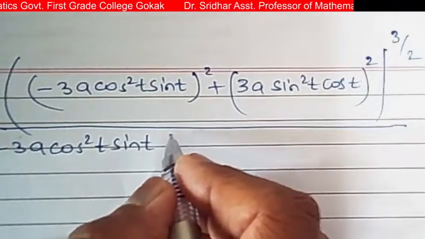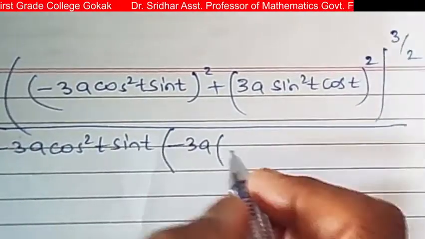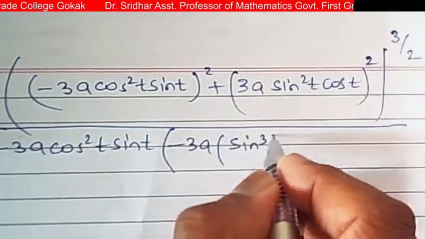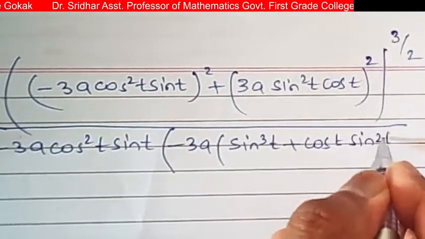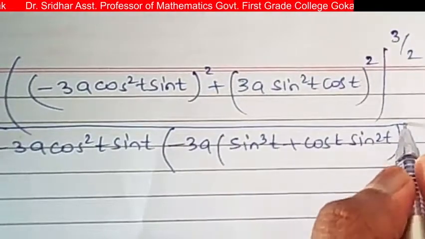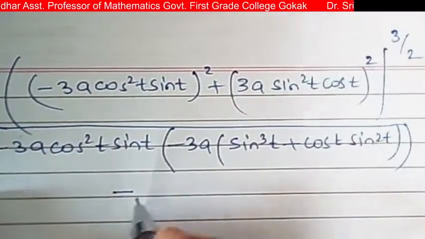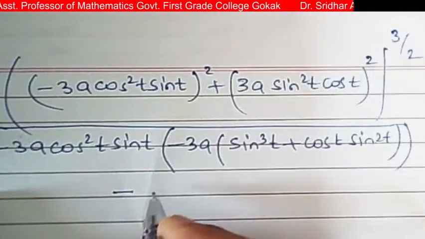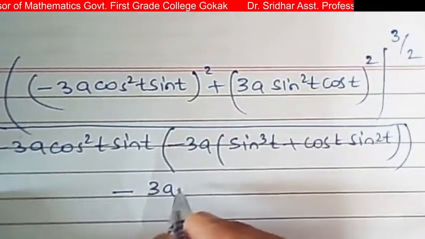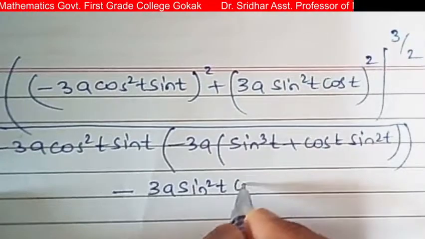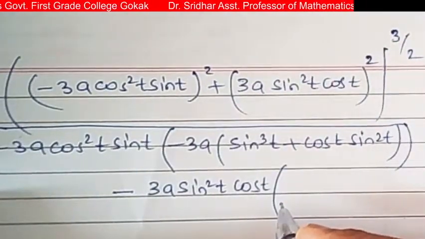So y double dash is, I put the bracket, minus 3a into sin cube t plus cos t into sin 2t. So this is y double dash. Then minus y dash, so y dash means 3a sin square t cos t into bracket x double dash.